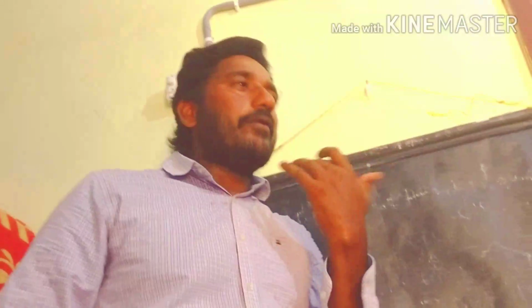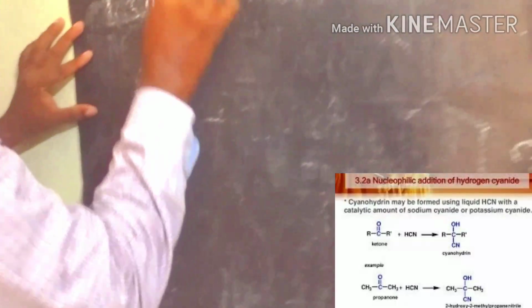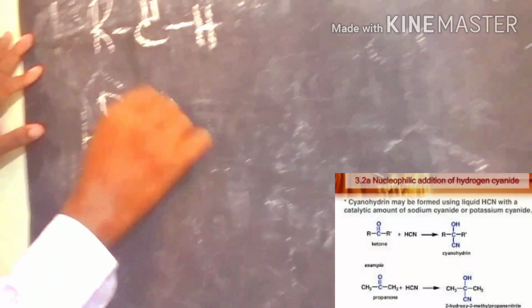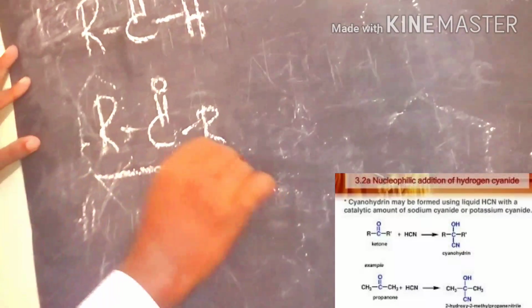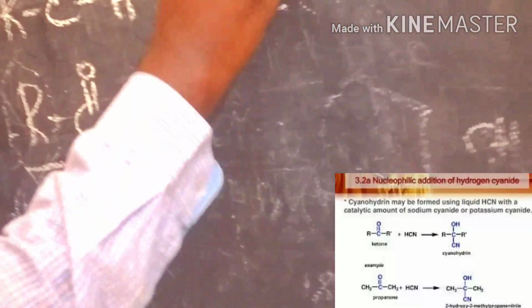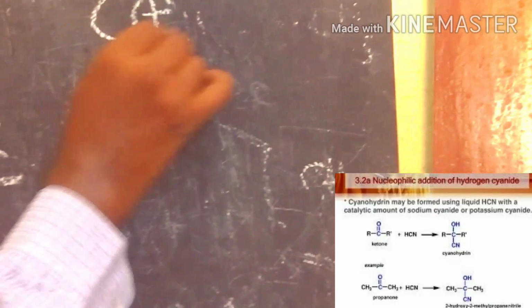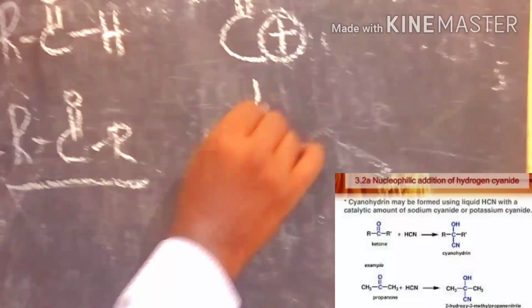So we start with the nucleophilic addition reaction. Here the aldehyde or ketone, any of them, the carbonyl carbon has more positive charge, so it acts as an electrophile.